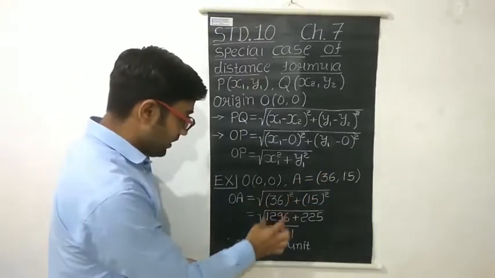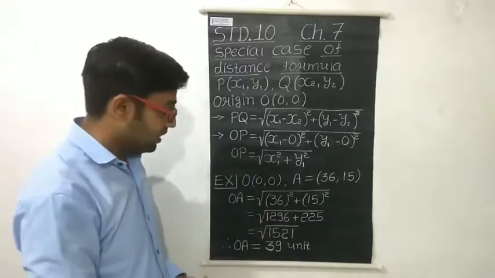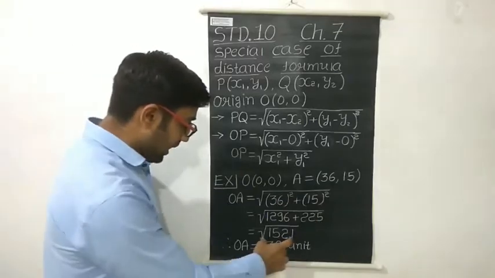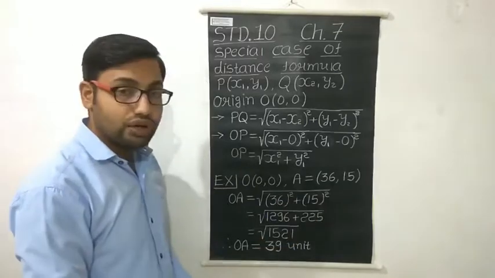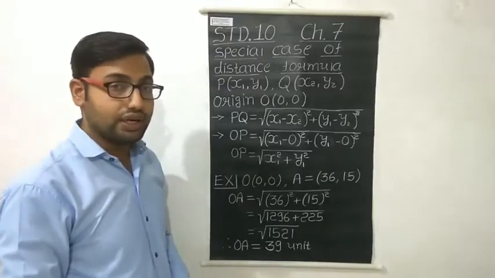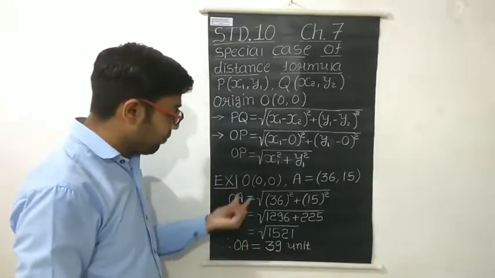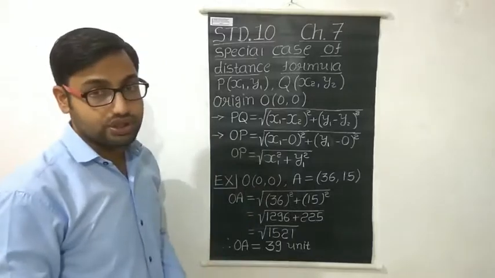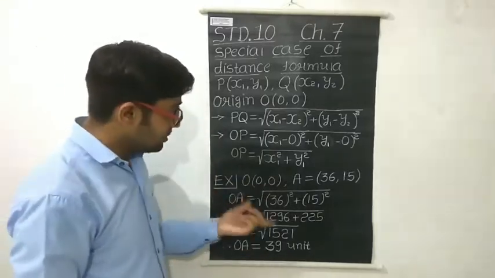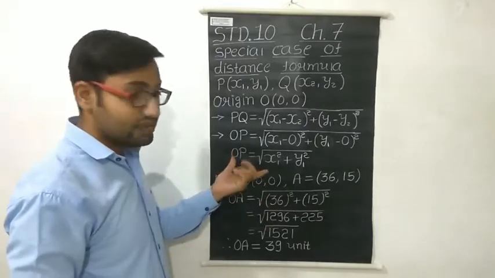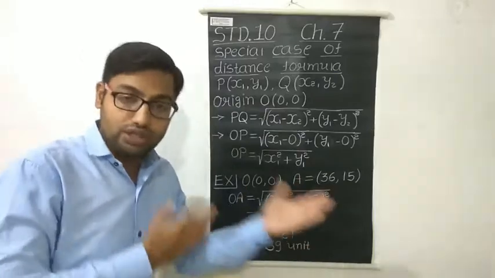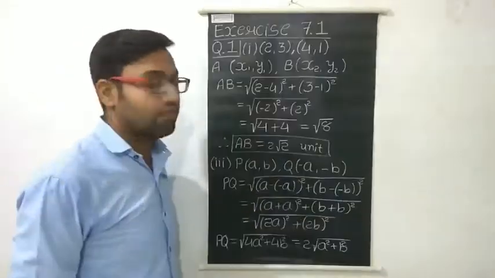So 36 square is 1296 and 15 square is 225. So by adding we get 1521 and by taking the square root we get 39 unit. That is the distance of point A from the origin. So OA is equal to 39 unit. So in this way we can use this special case whenever we have to find the distance of any point from the origin. Okay?